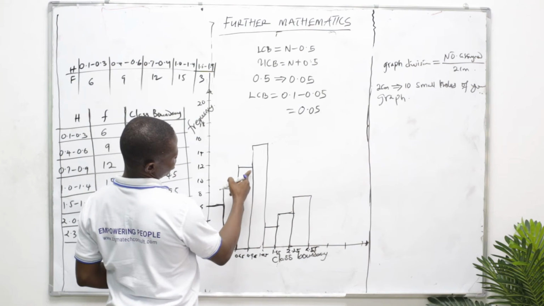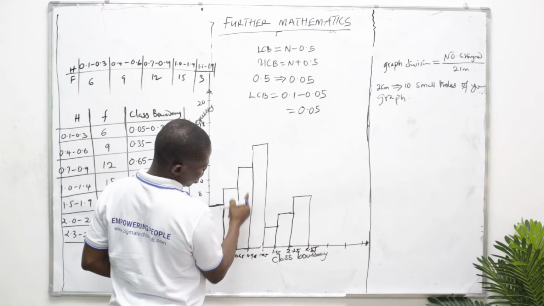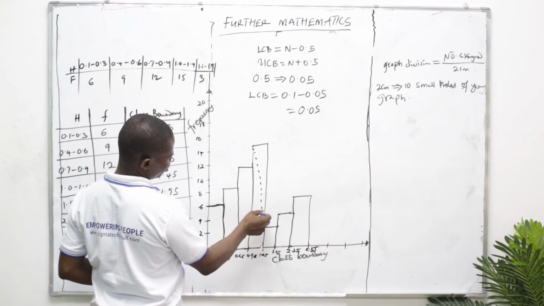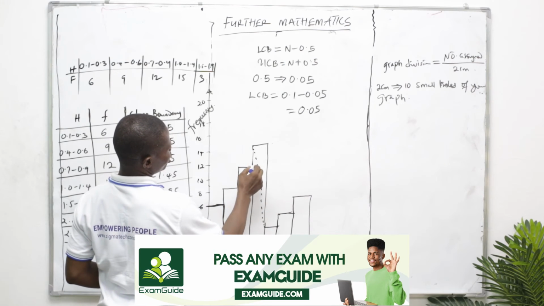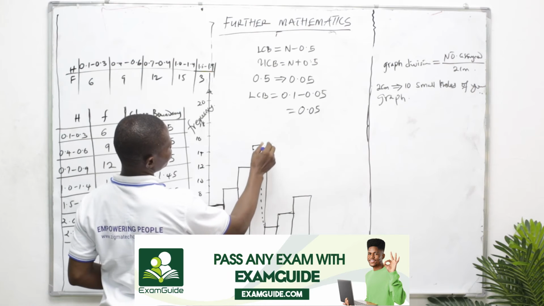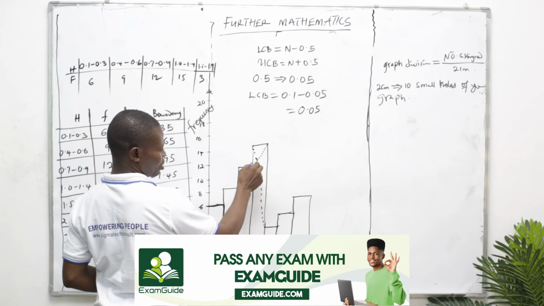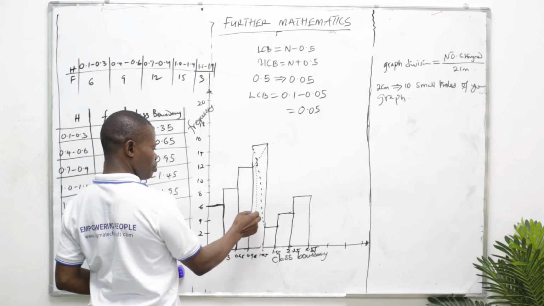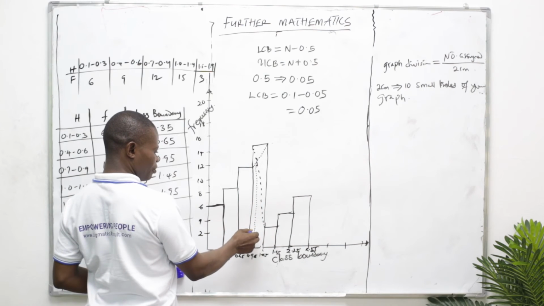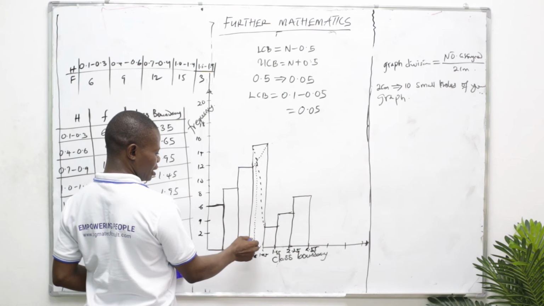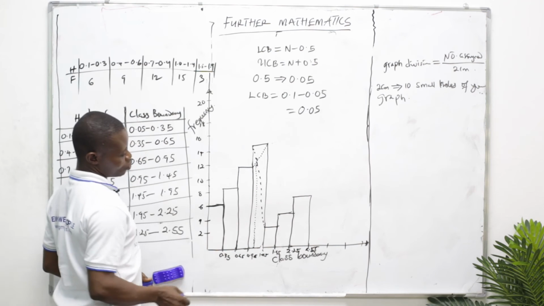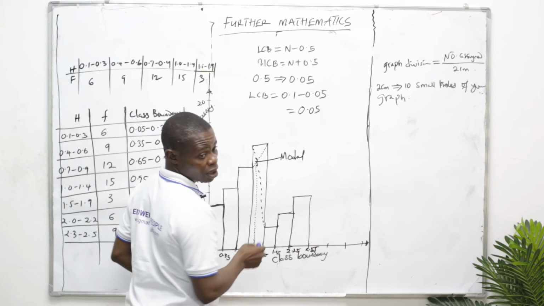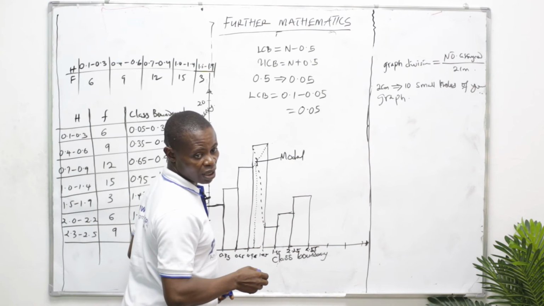The point of intersection, the one touching the highest one. So place your ruler, you move this way. You also place, you go like this. Can you see the point of intersection? Trace it down. As you're watching this video, please pick up your graph, follow what I'm doing exactly. So you do it this way. Here is called the modal height.